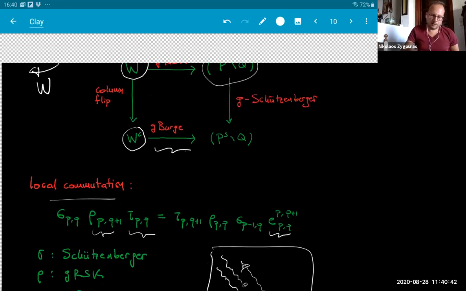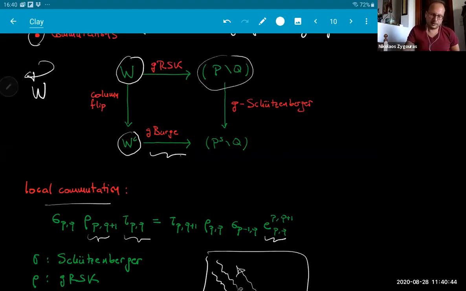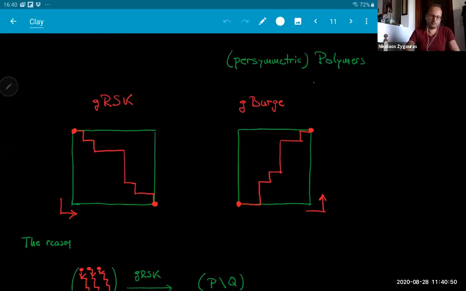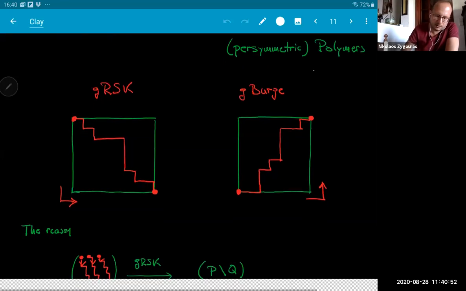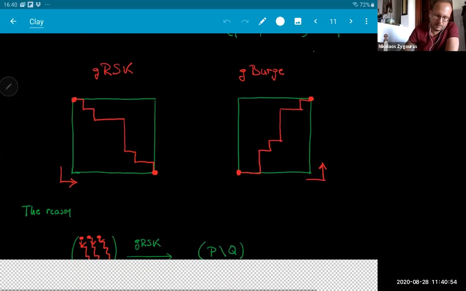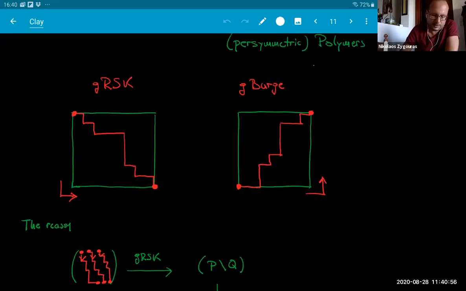Okay, so I'm going to connect now to polymers, and the connection to polymers is going to be based on this commuting diagram. Maybe in a nutshell, what's the relation of geometric RSK and Berge in terms of polymers?